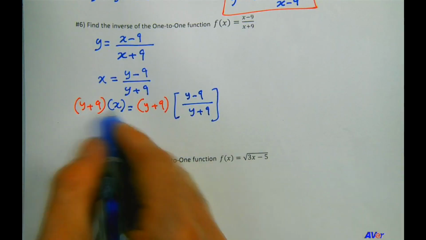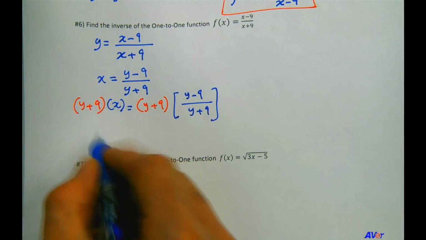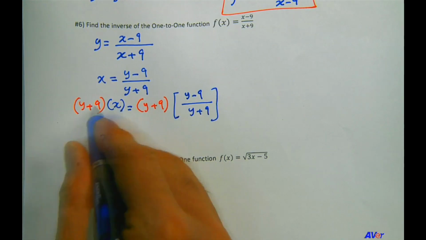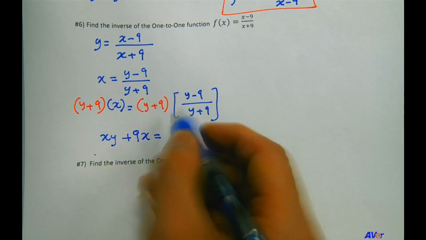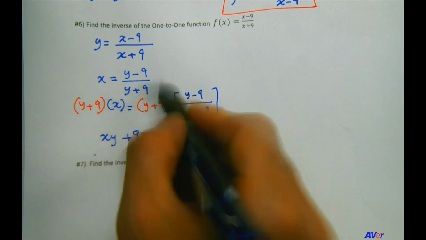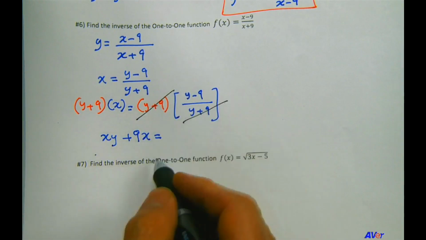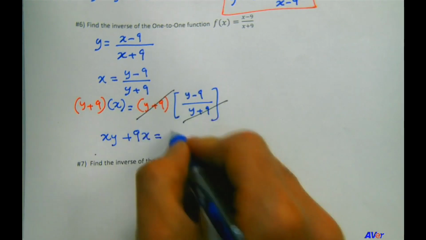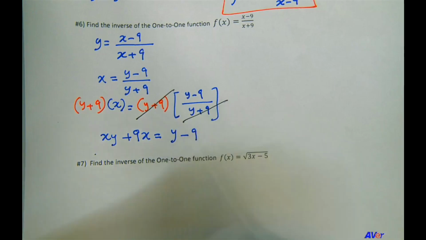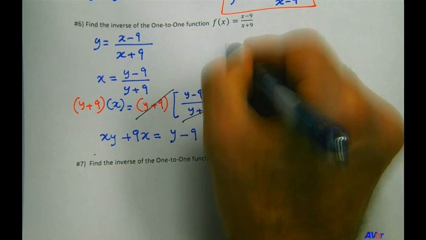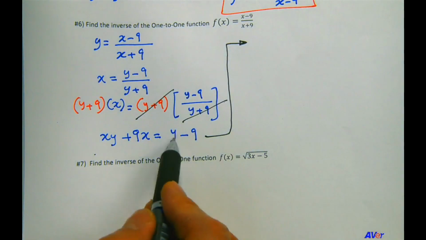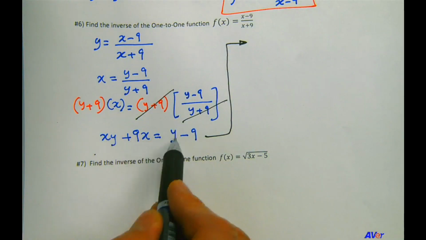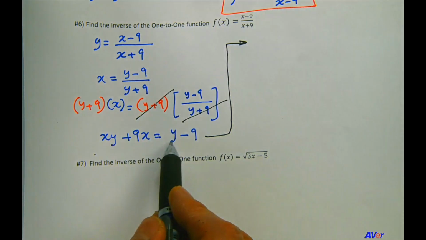On the left, what do we have? We have xy, distribute. X times y is xy. X times 9 is plus 9x equals, on the right, y plus 9 and y plus 9 cancel out. We end up with y minus 9. We're solving for y, right? Notice that y, once again, is appearing in two spots.